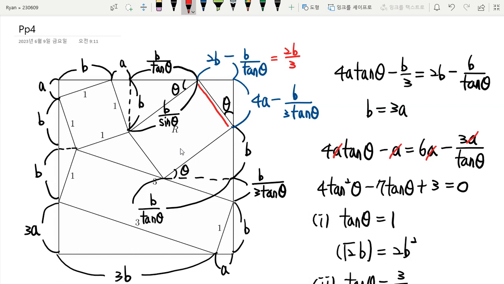So for this one, because tangent theta is 3 over 4, if we multiply by 5 here, that will make this hypotenuse 3, 4 and 5.